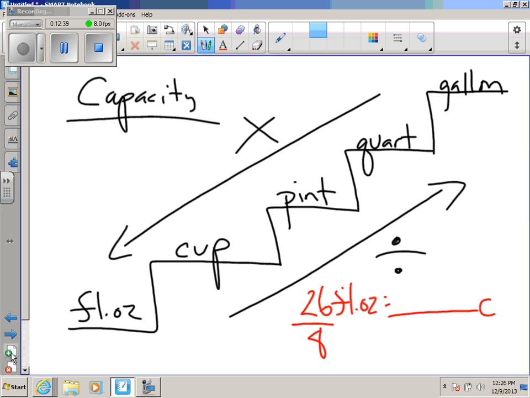I'm going to write my division that way as an improper fraction, just like I did with the length. 8 into 26. 3, which is 24. How many are left? 2 over 8 becomes what? 2 over 8 is 1/4. 3 and 1/4.